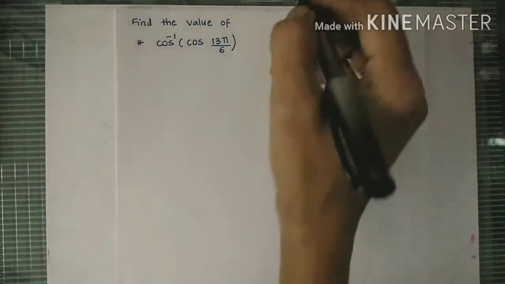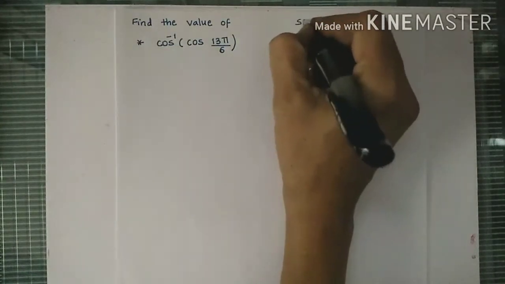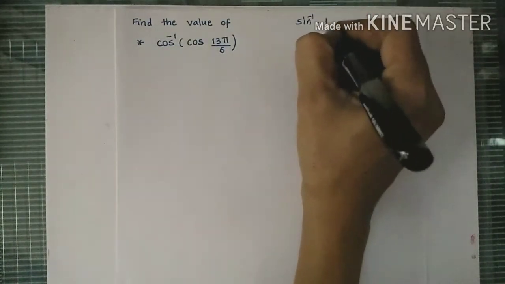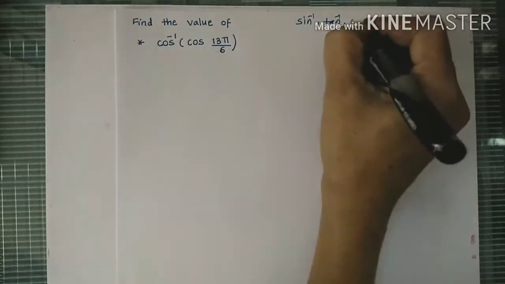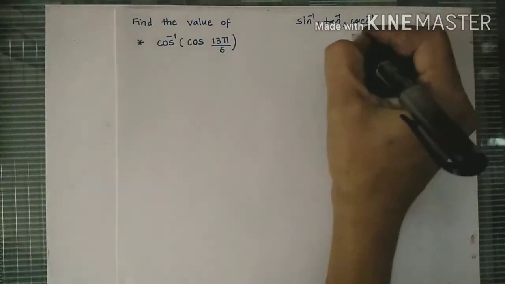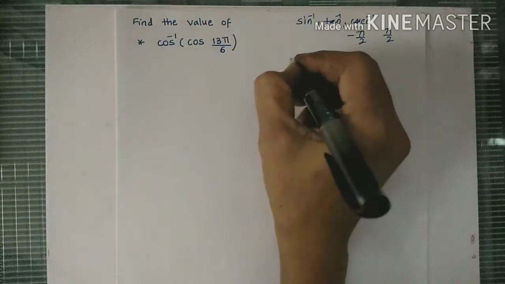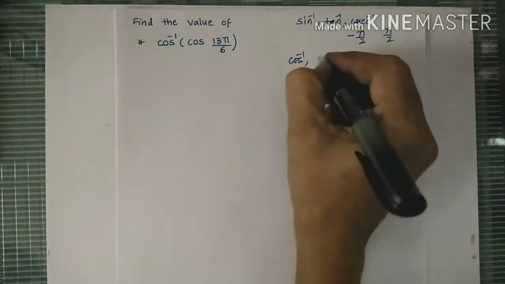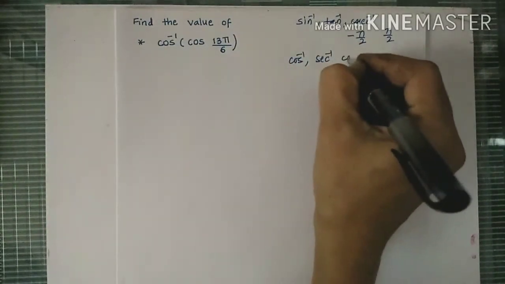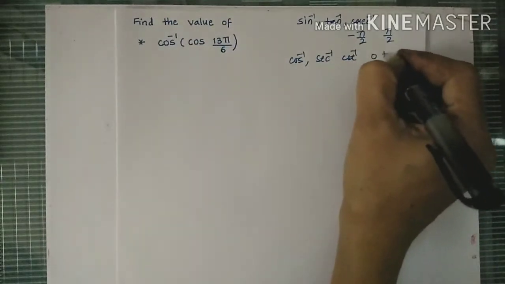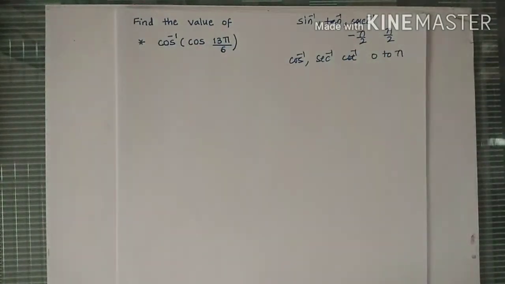In the earlier video we have seen that the value of sine inverse, tan inverse and cosec inverse always lies between minus pi by 2 to pi by 2, and cos inverse, sec inverse and cot inverse always lie between 0 to pi. This is a very important result. Now let's use this to solve some questions.